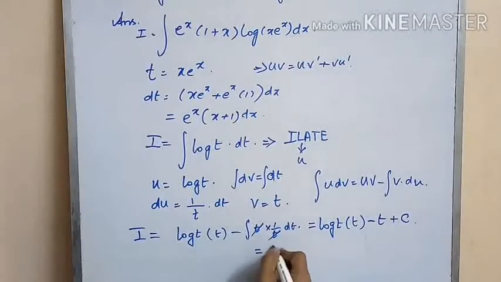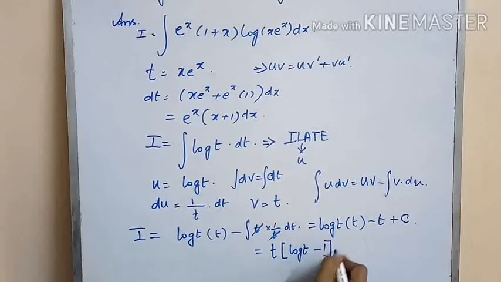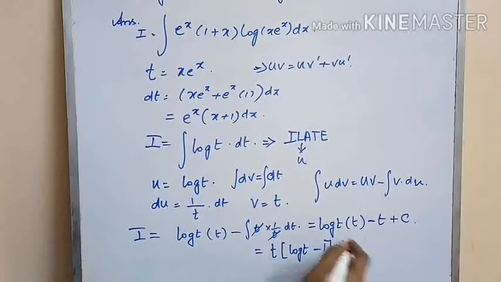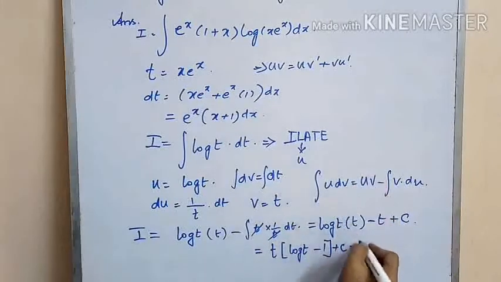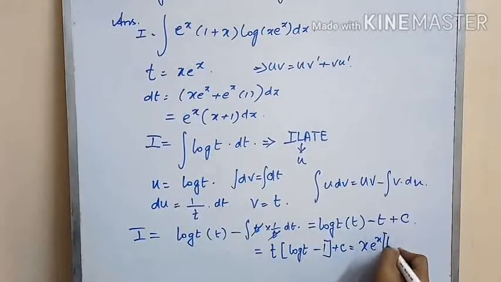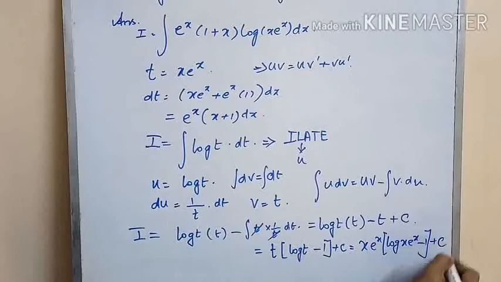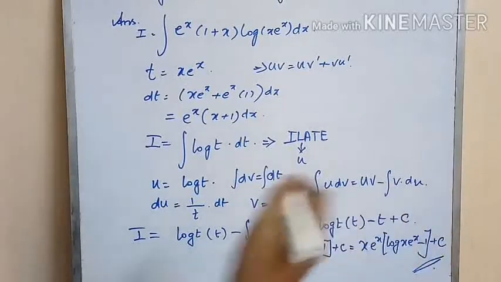So we get t into log t minus 1 plus c. Resubstituting the values of t here, x into e to the power of x into log x into e to the power of x minus 1 plus c will be the final answer.